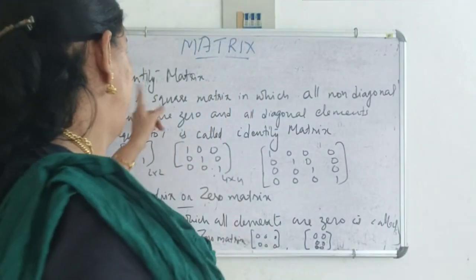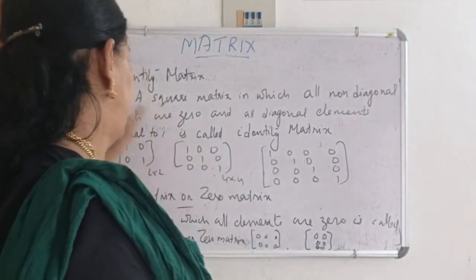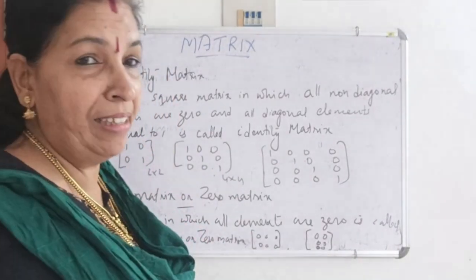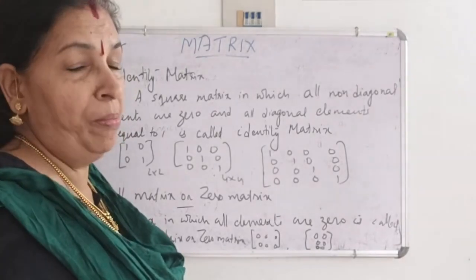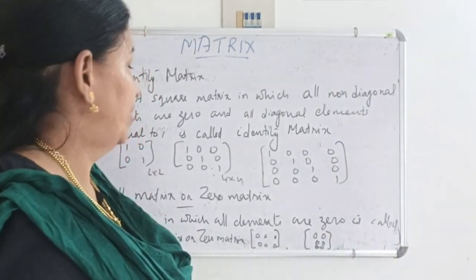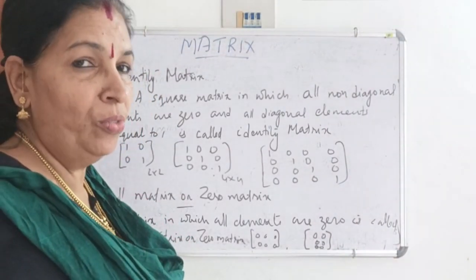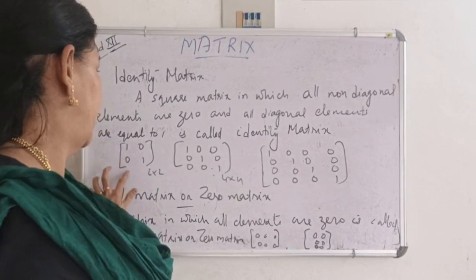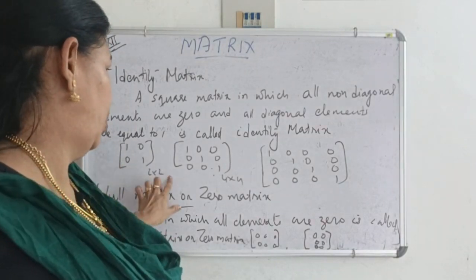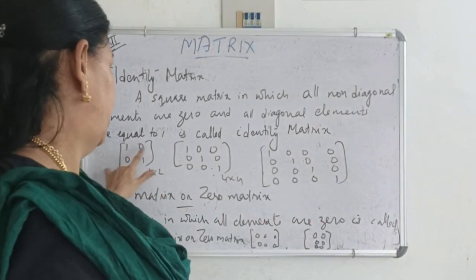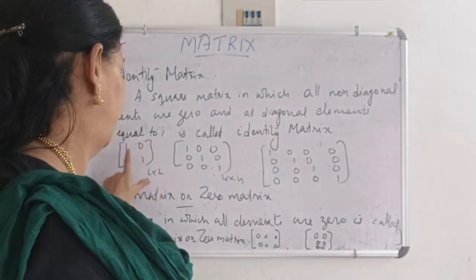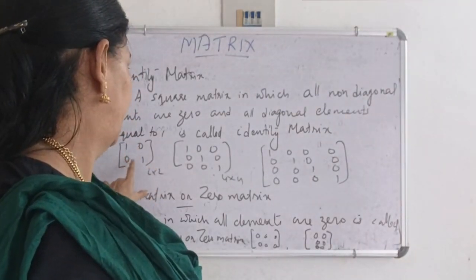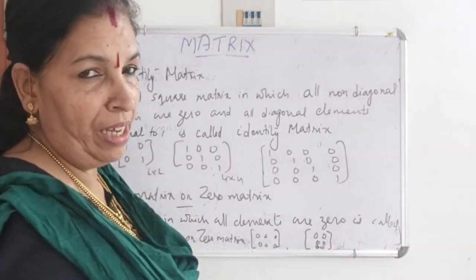We can study another one, the identity matrix. We consider a square matrix in which all non-diagonal elements are 0 and diagonal elements are equal to 1. It is a square matrix of order 2 by 2: 1 0 0 1. Here diagonal elements are equal to 1 and non-diagonal elements are equal to 0.